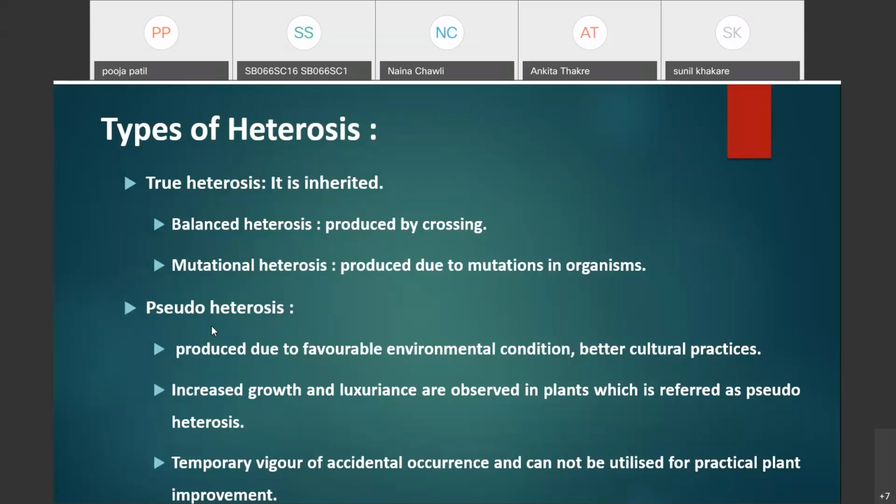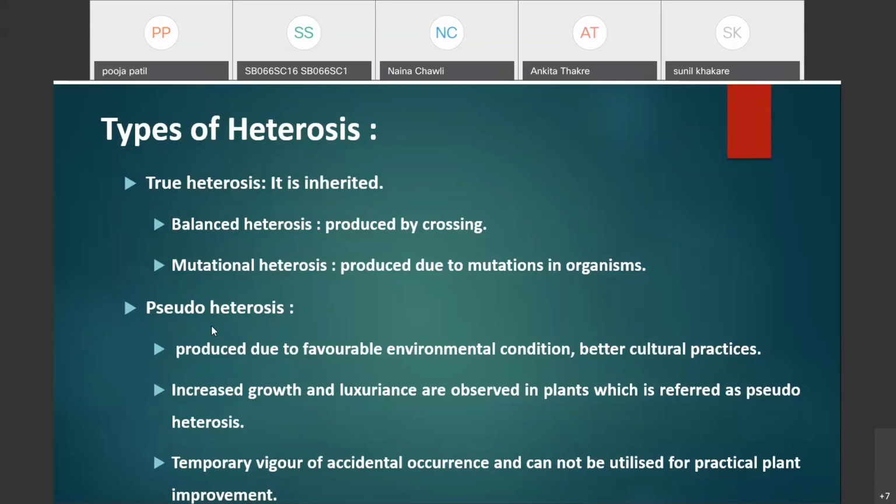Why is it called pseudo heterosis? Because the characters created in the hybrids are mainly due to the surrounding environmental conditions and better cultural practices. Such luxuriance or increased growth is accidental, and it cannot be inherited from one generation to another, and cannot be utilized in practical plant improvement.